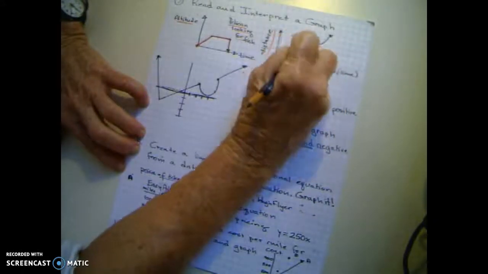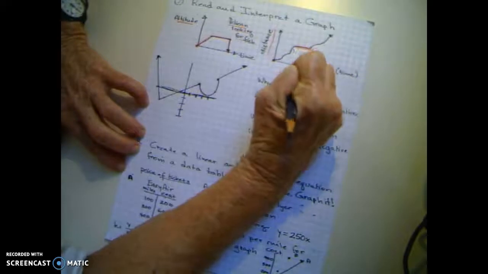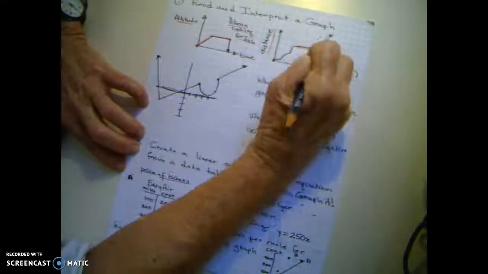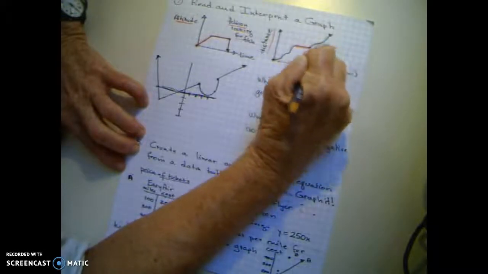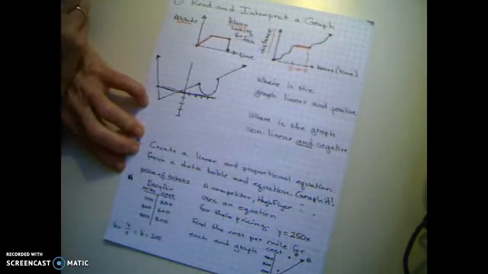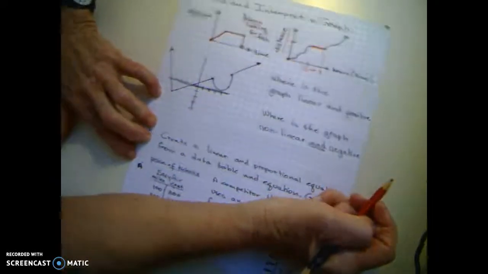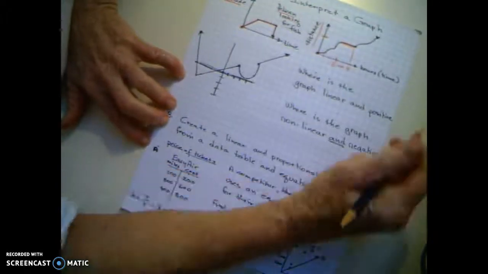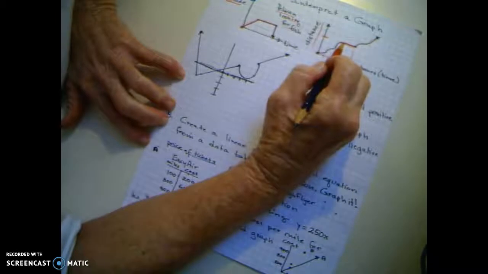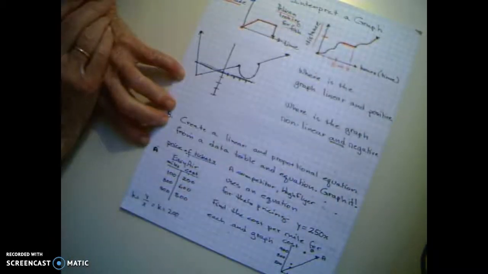But sometime between time 3 and time 4, I didn't go any distance at all. My distance remained constant. And I simply stopped. I was either taking a break or having lunch. Then I continued on, and I have, again, not a constant rate of walking. I'm going at a variable rate, but the most important thing to see is where I stopped.